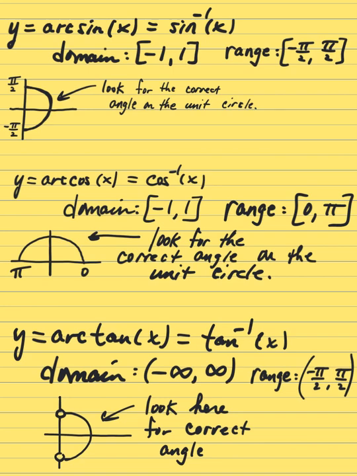For example, if your problem gives you sine inverse of maybe 1/2, then you're going to look at your unit circle, and again, those are found on your Google Drive folder, but you're going to look only in the right two quadrants. That's why this part is marked off. And you're going to look for the angle that would have a y coordinate of 1/2.